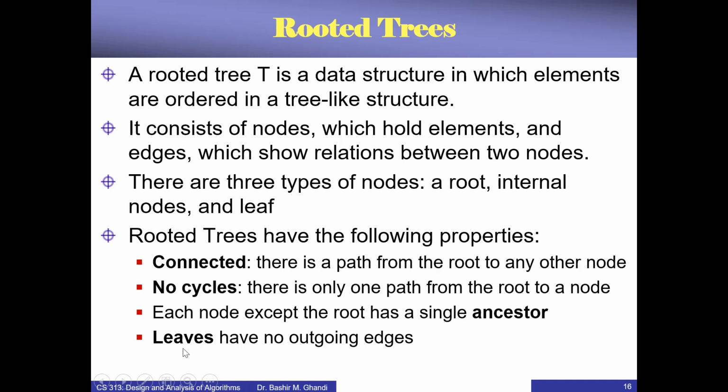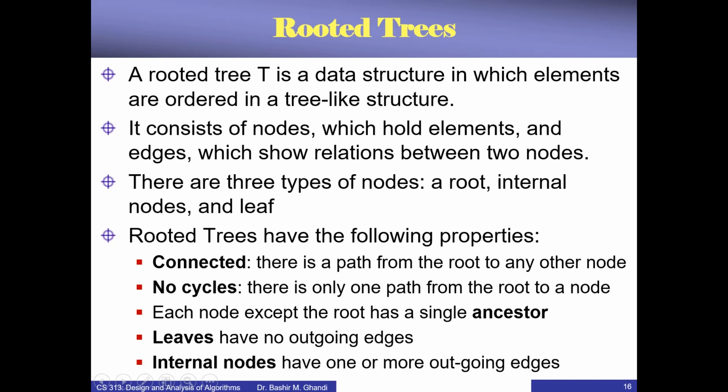That's why they are leaves. And finally, internal nodes, those nodes that are neither root nor leaves, have one or more outgoing edges. They have one or more children, basically.